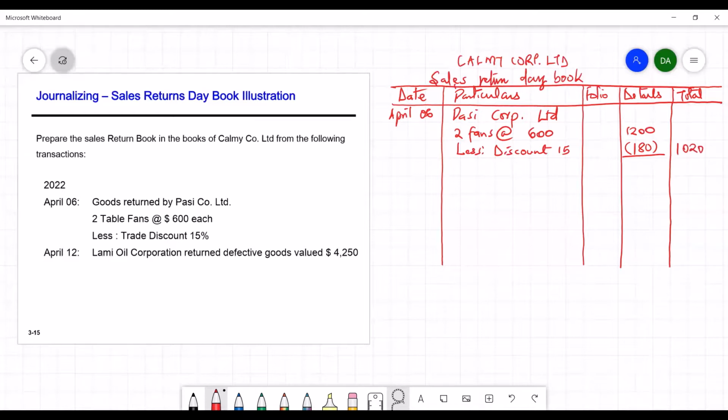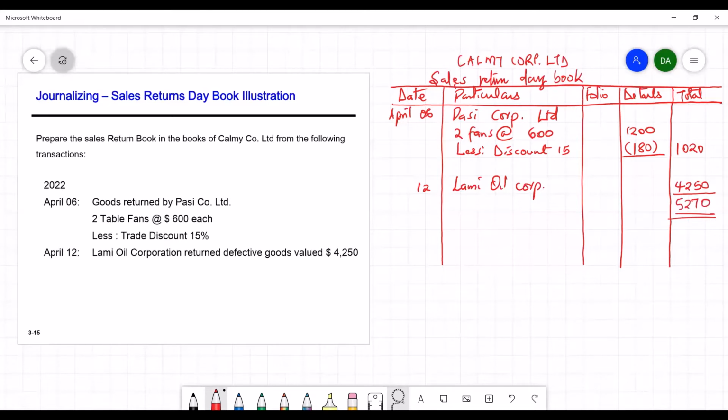On April 12th, Lamy Oil Corporation returned defective goods valued at 4,250. We have Lamy Oil Corporation, 4,250. So we get the total of this journal, and the total of this journal is 5,270.